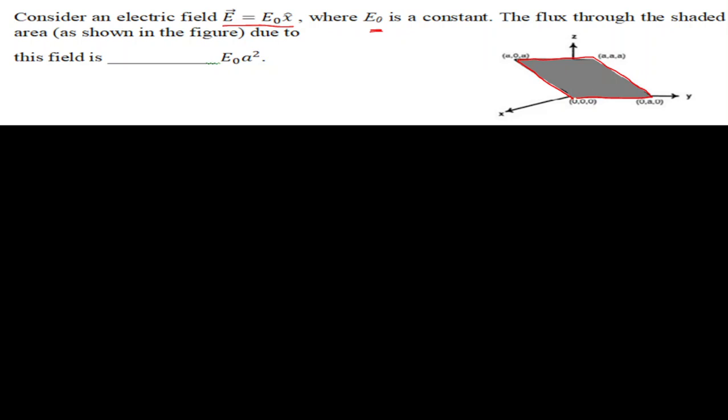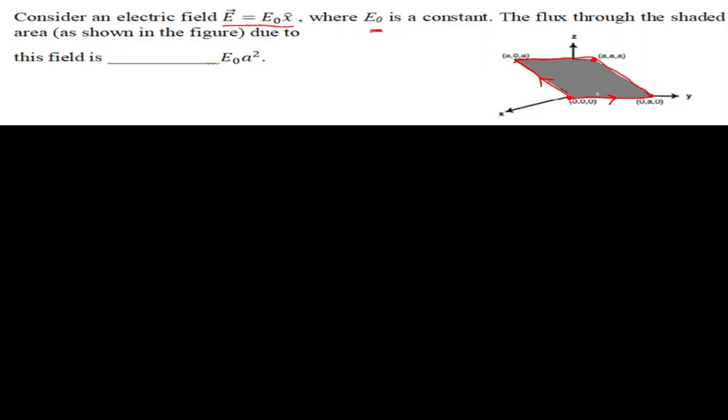For that, you can see that the coordinates of the vertices of the surface are given here. The coordinate of this corner is 0, 0, 0. The coordinate of this corner is 0, A, 0. The coordinate of this corner is A, A, 0. And the coordinate of this corner is A, 0, A. So we can write the length of this side in vector form, and also the length of this other side of the surface in vector form.